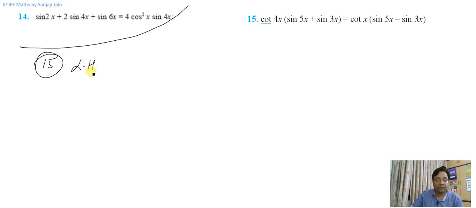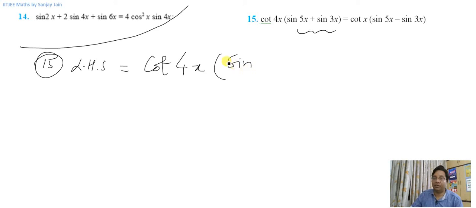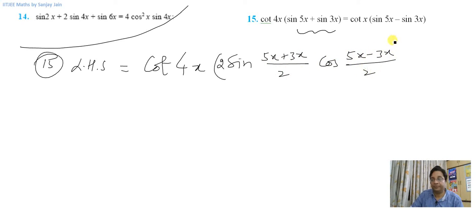So the left hand side of question number 15 is cot 4x times sine, now I am applying the sine c plus sine d formula here directly. So 2 sine (c plus d) by 2, that is (5x plus 3x) by 2, cos (c minus d) by 2, right? And this will be equal to cot 4x, and what is this?